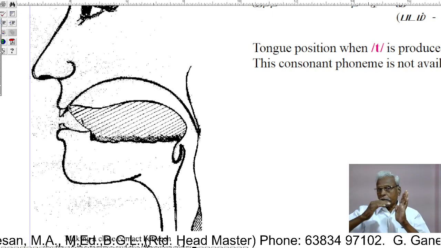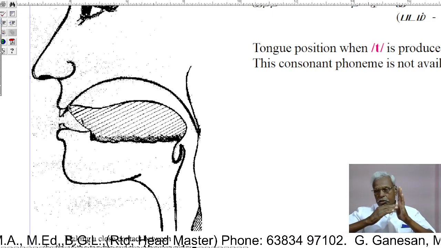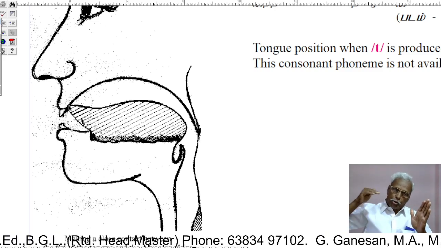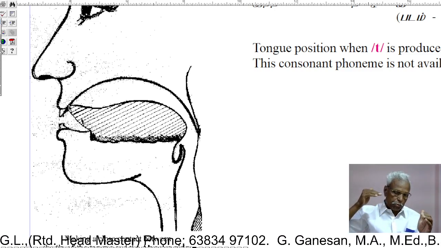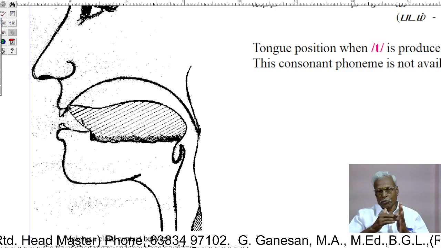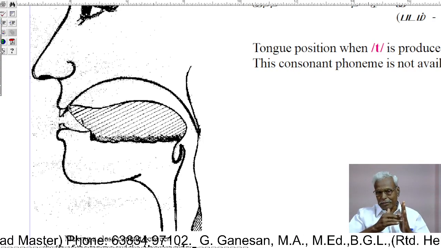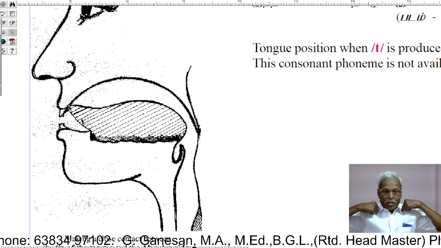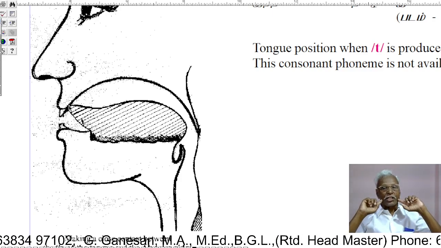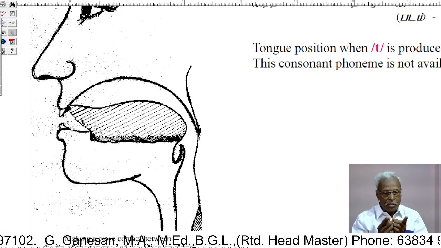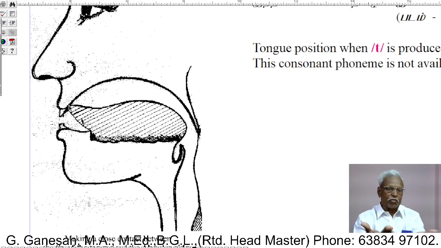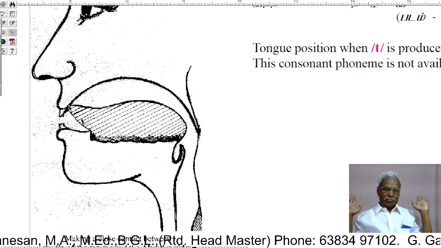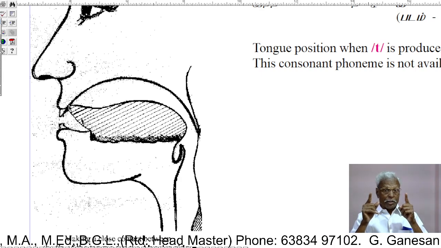When the tongue is touching the upper teeth ridge and we push it to make a tight contact with the ridge, the air pushed out by the vocal cords escapes through the two sides of the tongue. That is the main point you have to bear in mind.